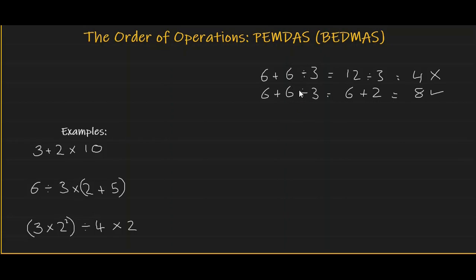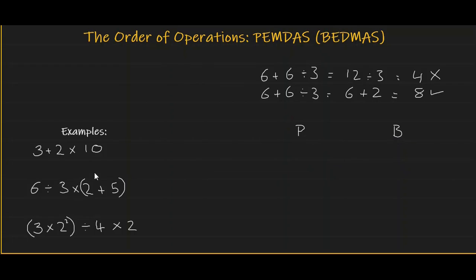The easy way to remember the order of operations is by remembering these two terms. Both of them mean the same thing. One is PEMDAS or BEDMAS. Essentially what this means is, first, solve the parentheses or brackets.